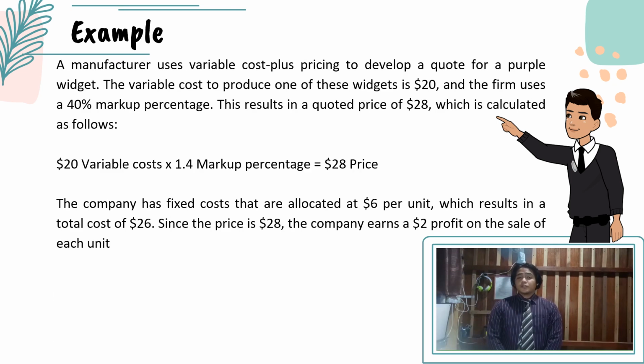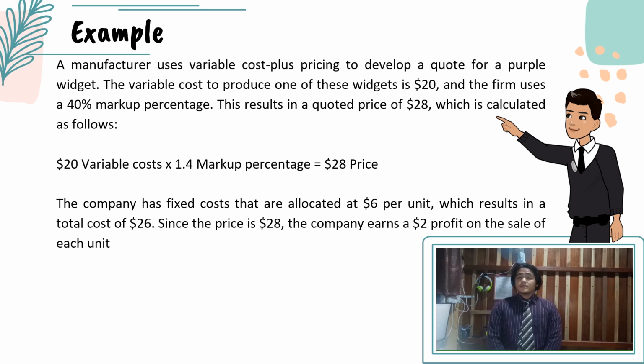Now we move to the next example. Suppose a manufacturer uses variable cost plus pricing to develop a quote for a purple widget. The variable cost to produce one of those widgets is $20. Meanwhile, the firm uses a 40% markup percentage.